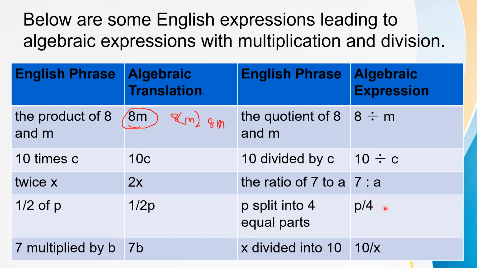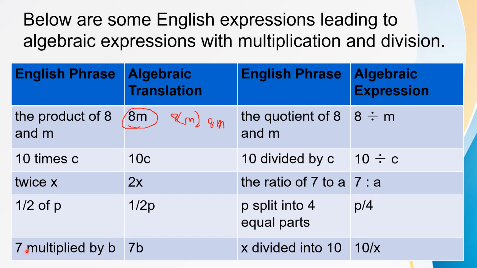That means p divided by 4. x divided into 10. So 10 divided by x, or 10 over x. Okay?